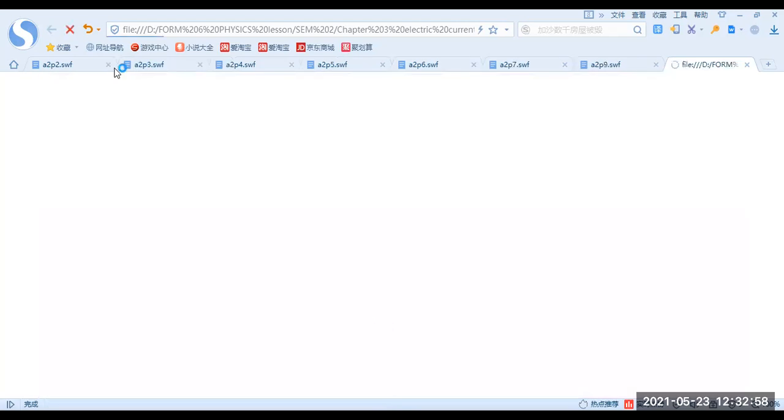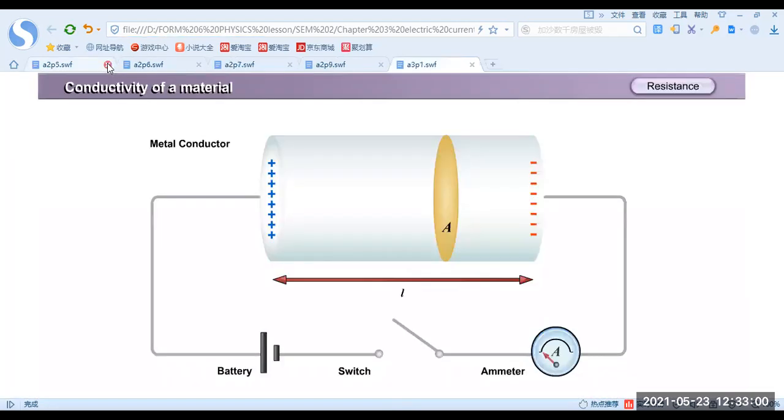Now, we go to the next slide. What are the differences? As we know, metal can conduct electricity, right? Metal is a good conductor of electricity.